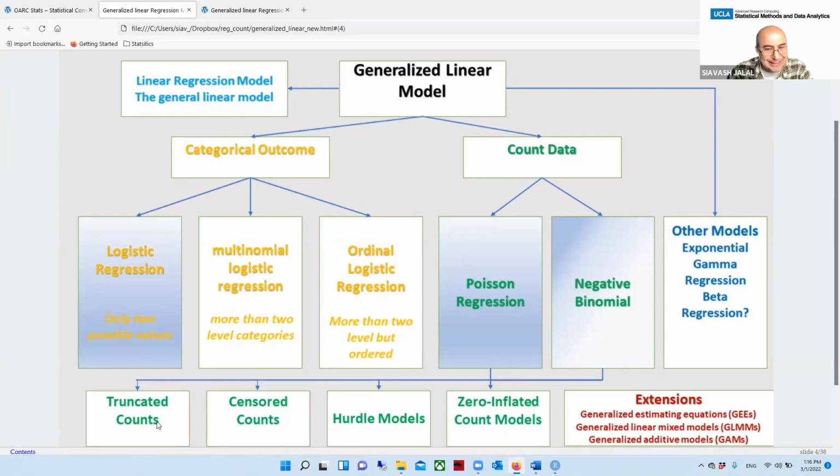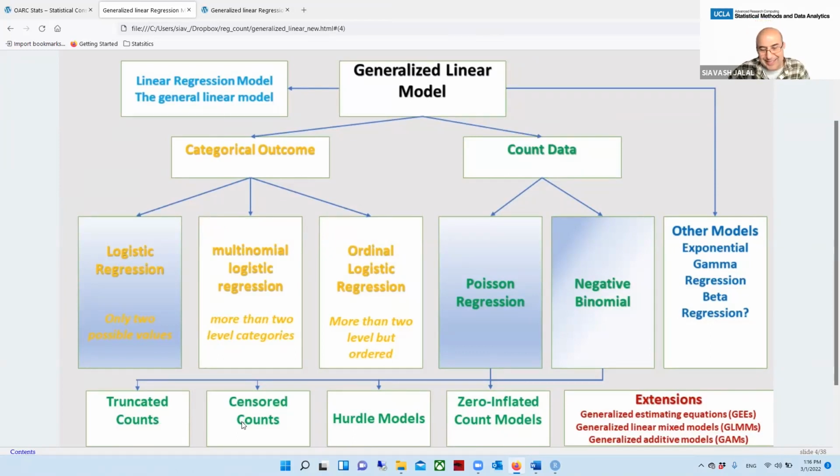Truncated count is the model where you don't observe some values less than some particular outcome. You don't observe either predictors for those or the outcome for those limits. So they call them truncated models.